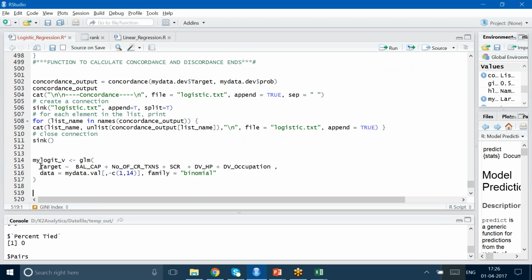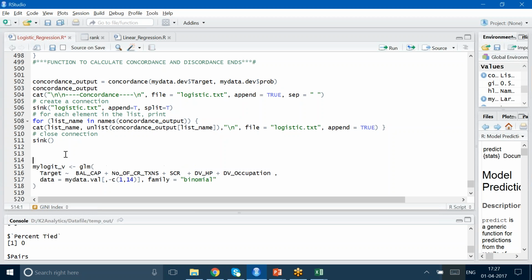Once you have built the model and seen that the model performance is completely holding on the dev sample, after that comes the validation step, the ratios. Now what you have to do is val cap, number of credit transactions, core, DVHP, DV occupation. Let me see whether the DVHP variable is there in my validation sample.